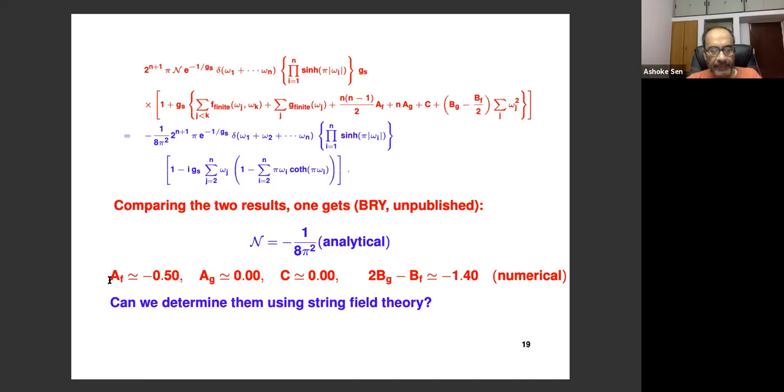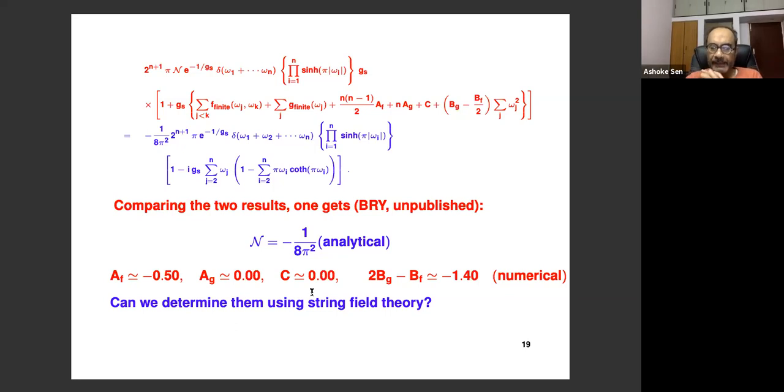And then the subleading terms can only be compared numerically because of the lack of knowledge of these analytically. So these are evaluated numerically, and they get the best fit values of these constants to be what is given here. And the errors in each of these is about 0.01 in their determination.